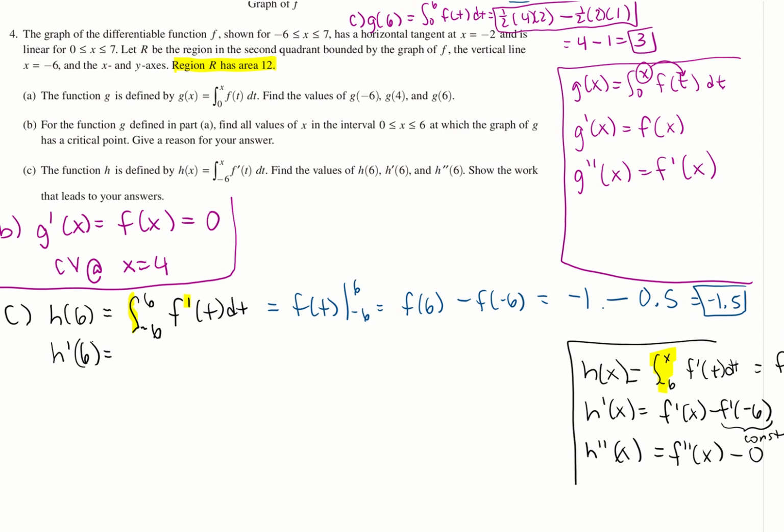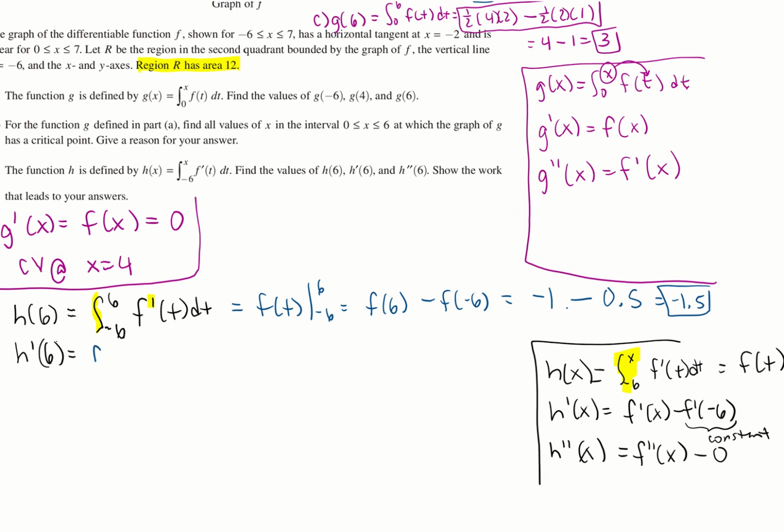But when I'm doing h prime of 6, if I kind of use this little key over here, that'd be f prime of 6 minus f prime of -6. Kind of similar to what I did before, but instead of f, I'm doing f prime. So on a graph, what is a derivative? Well, a derivative on a graph would be your slope. This would be the slope for my problem here.